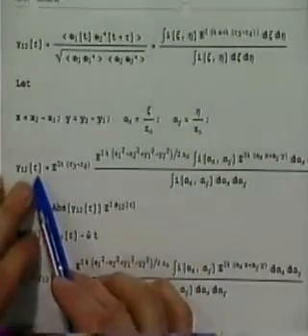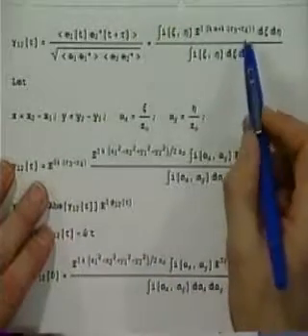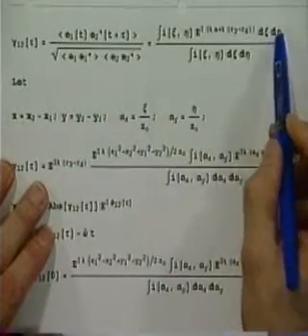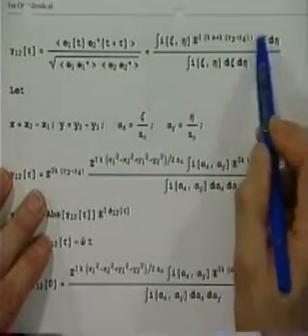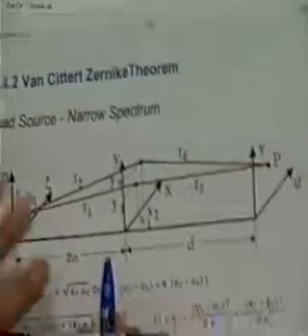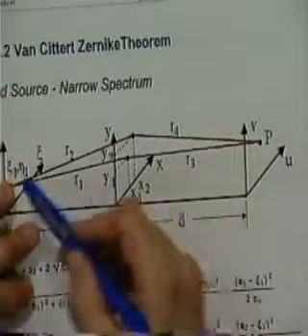So gamma 1, 2 of tau is, well, the R3 minus R4 terms do not depend upon the source coordinates. So this is independent of source coordinates, so that will factor out.